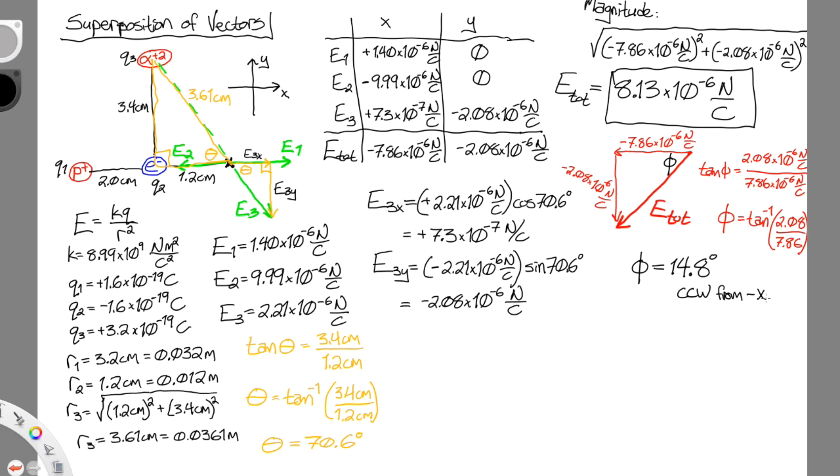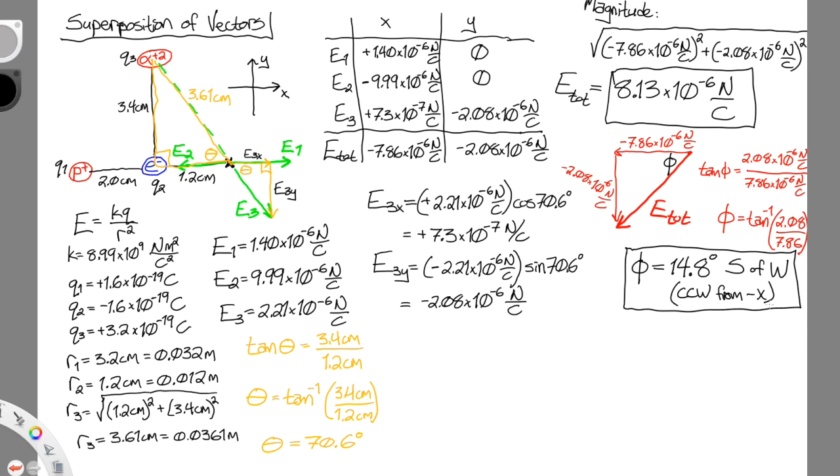Or, as I prefer to do, we can use our cardinal directions, north, south, east, and west. So this angle starts off measured from the east, and you go south from there. Or sorry, from the west, and you go south from there. So this is south of west. And that is our direction.